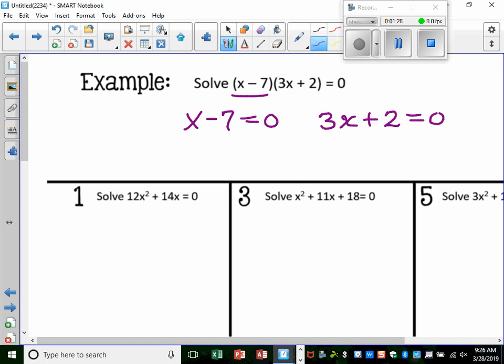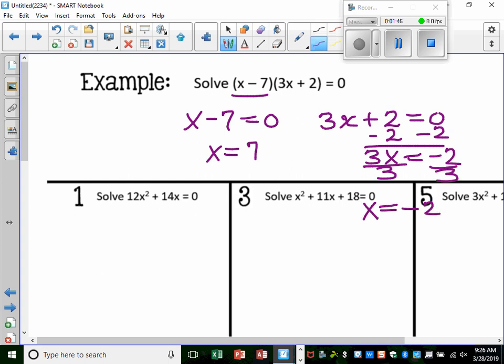That's the whole point of setting it equal to zero. So of course, when I add 7, this will equal 7. Here, I'm going to have to subtract 2 and divide by 3. So this will come out to be x equals negative 2/3.